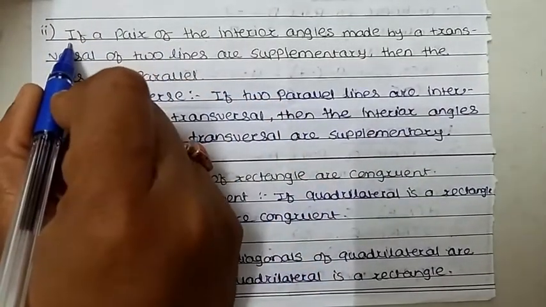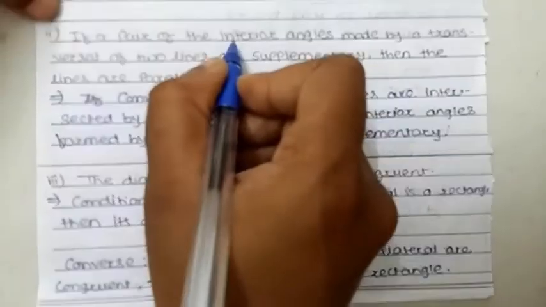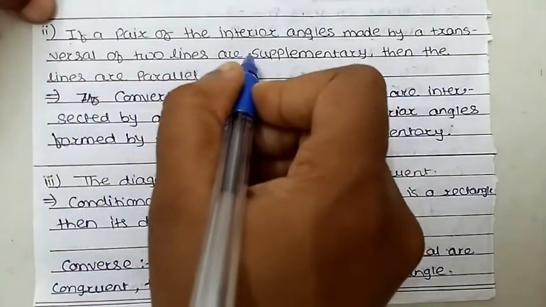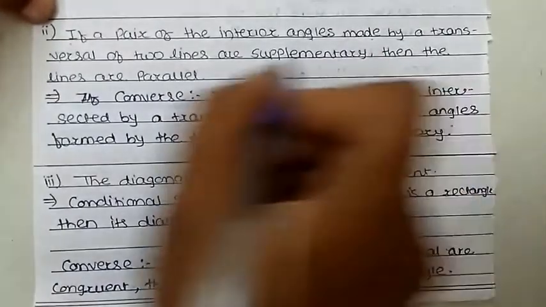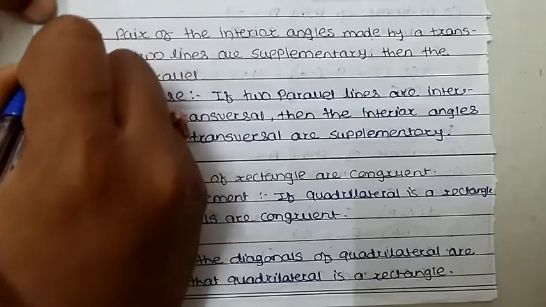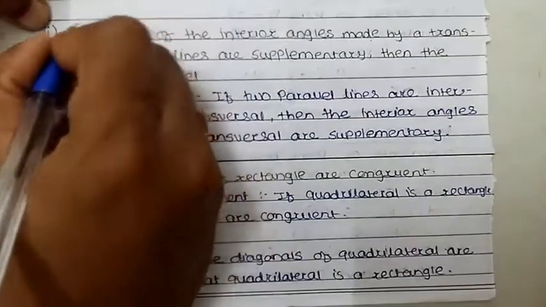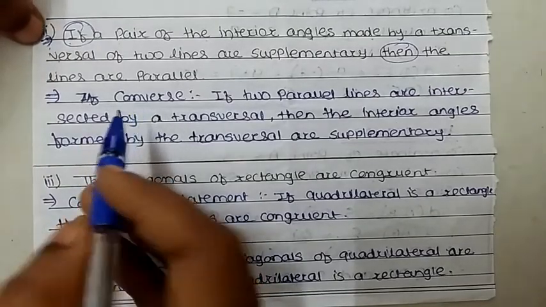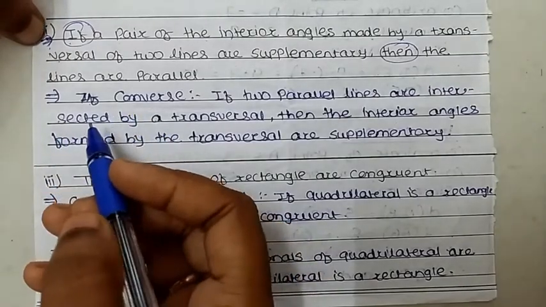The second one: if a pair of interior angles made by a transversal and two lines are supplementary, then the lines are parallel. This statement is already a conditional statement because it has if and then, so there is no need to convert it. We directly write the converse.